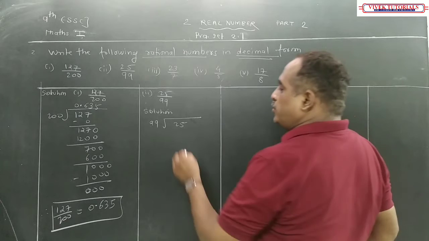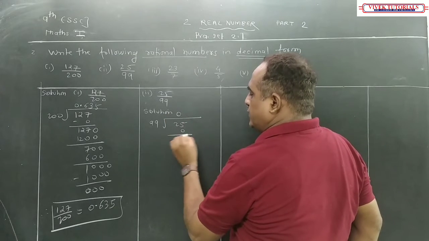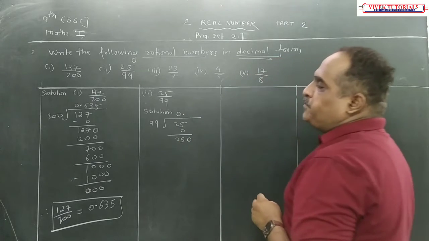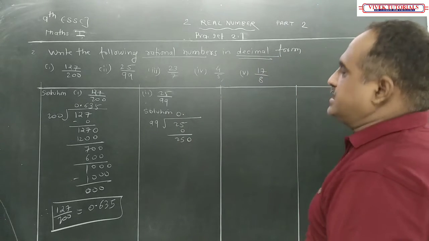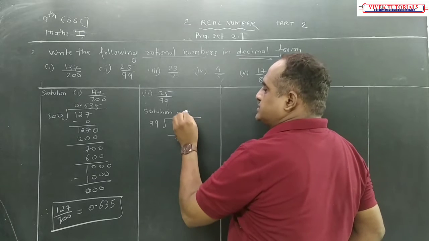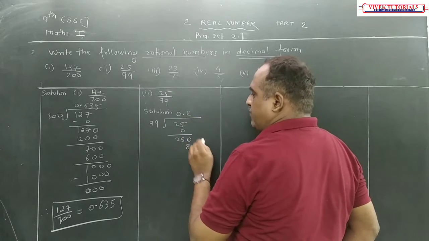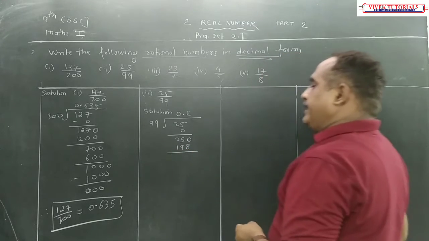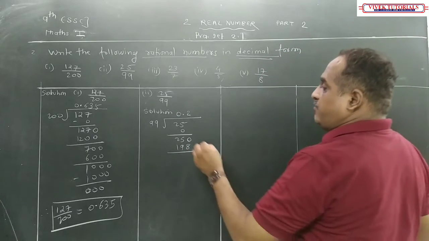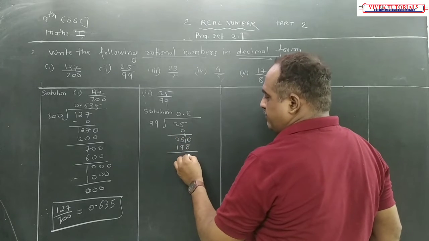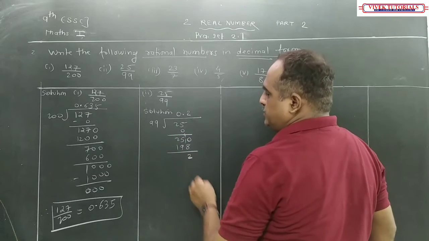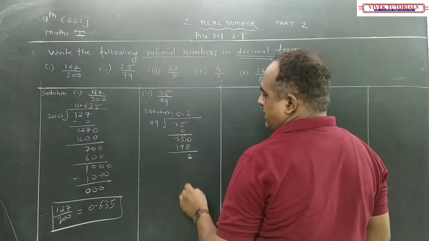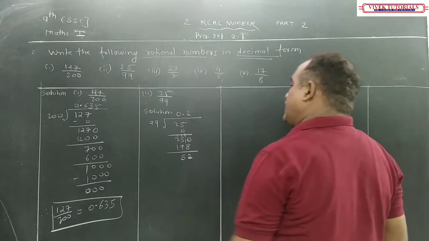So what you are going to do is you take 0, 0, it will become 25, put the point, it will become 250. 99 2s are, 9 2s are 18, 1, 9 2s are 18, plus 1, 19. So this becomes 4, this becomes 10, 10 minus 8 is 2. Then again 4 is there, no 1, 14 minus 9 is 5, 20.